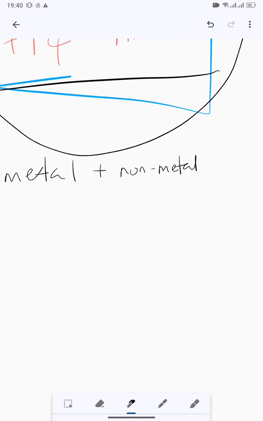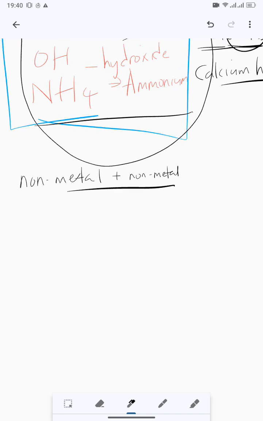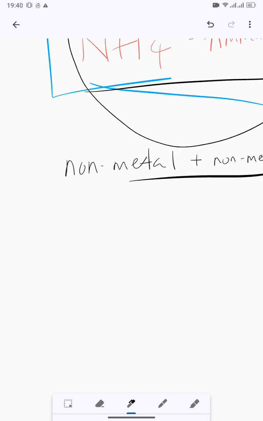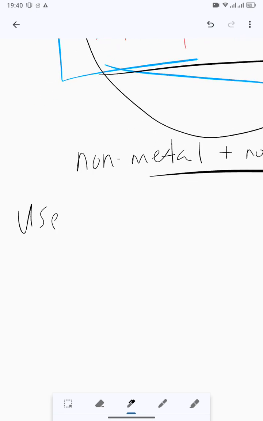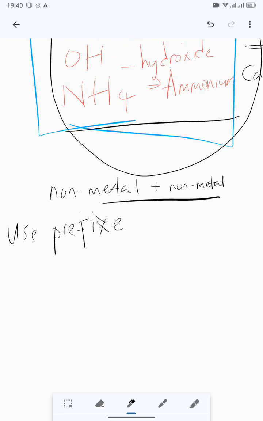How will you name a compound between a non-metal and a non-metal? When you name compounds of two non-metals, we use prefixes. Please keep this in mind: whenever you see a molecular or covalent compound, we use prefixes.